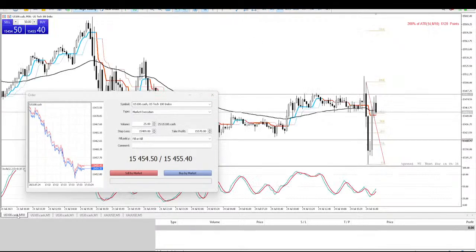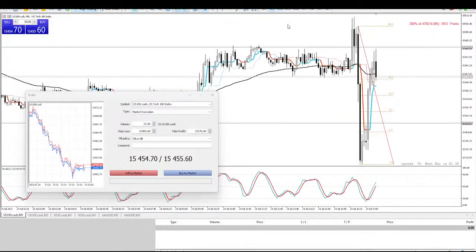Okay, we're getting that pullback on NAS. Let's see how far it goes.